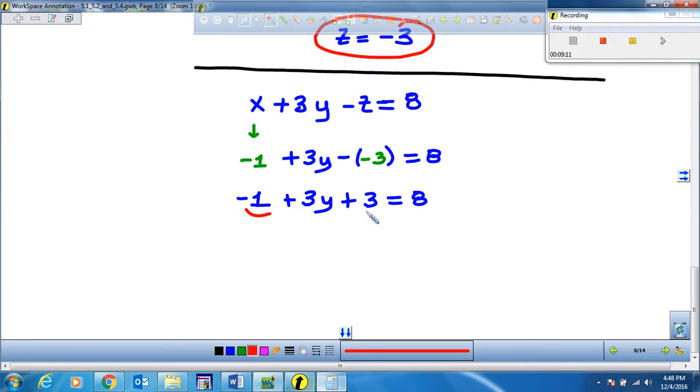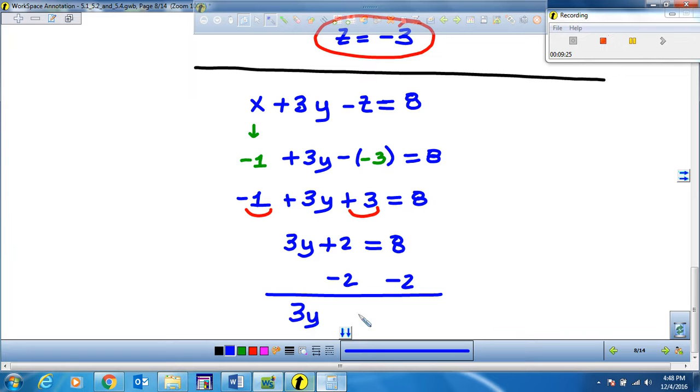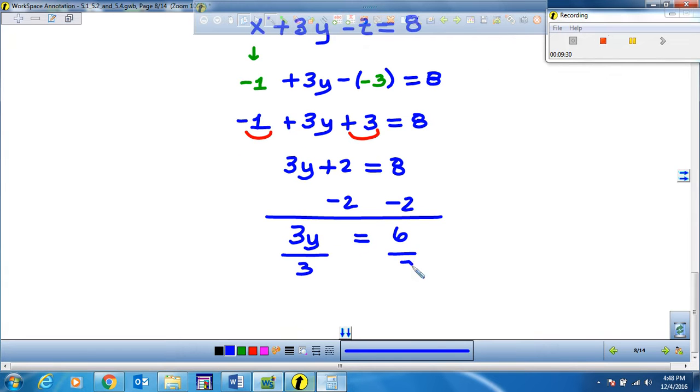We're going to combine these two. So negative 1 plus 3 is going to be a positive 2, sorry. So 3y plus 2 equals 8. Subtract 2. 3y is equal to 6. And then you divide by 3. So y is equal to 2.